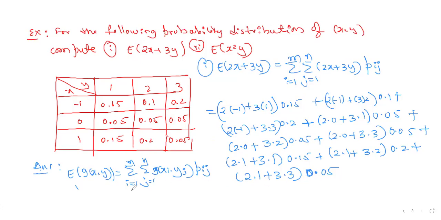Here you can multiply and add. The final answer you will get is 5.75, which is the expected value of 2x plus 3y. In this way we can get the expected value of any function.